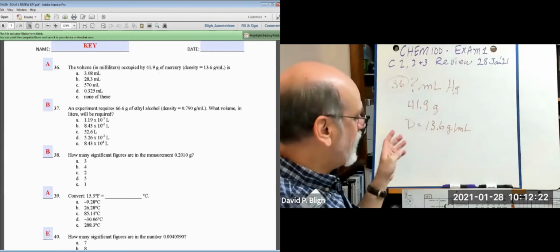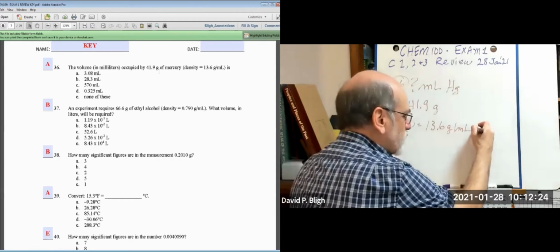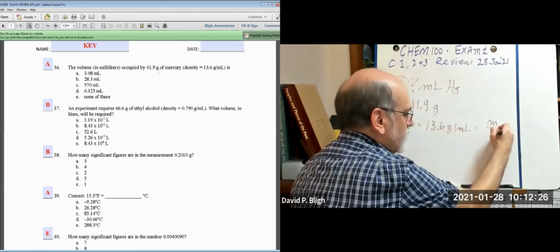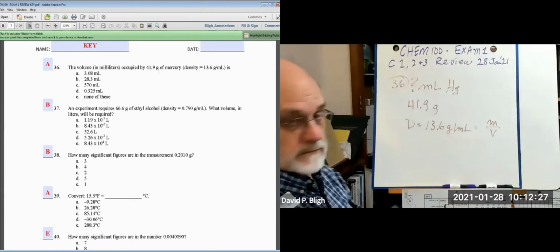This is a density problem. This value is equal to mass divided by volume. So there's your mass. There's your density. We've got an equation in one unknown. We can solve it for volume, and the units of measure will be milliliters because it's right there.